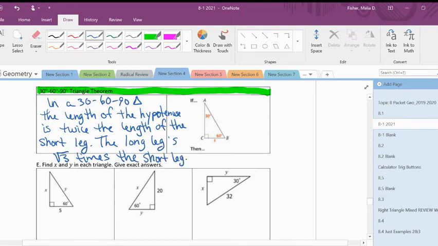So that means that if this is s, then this is 2s, and this is s times the square root of 3.